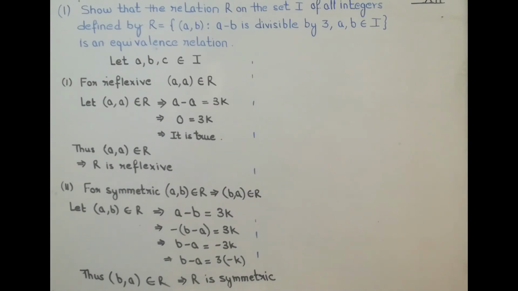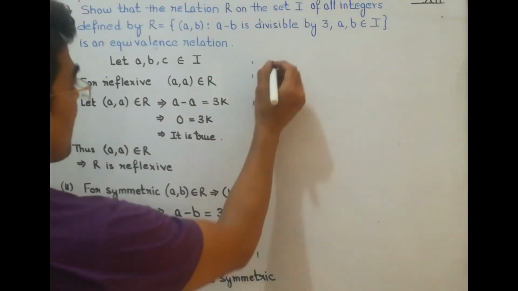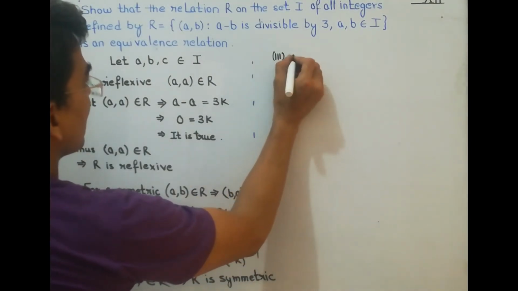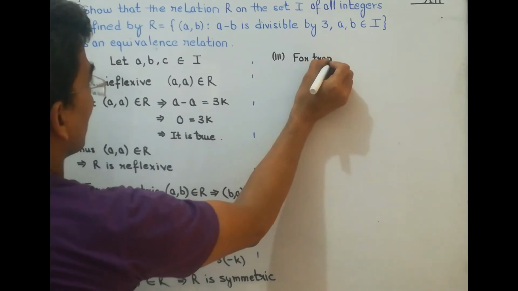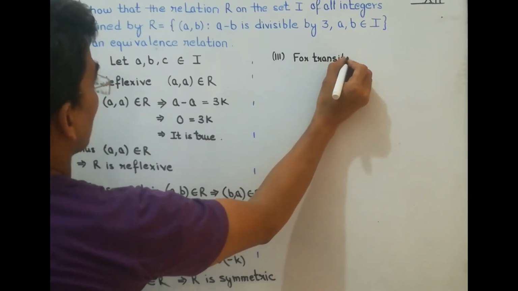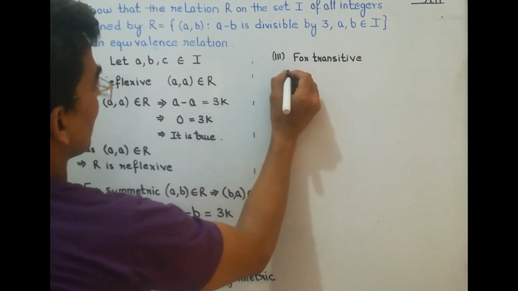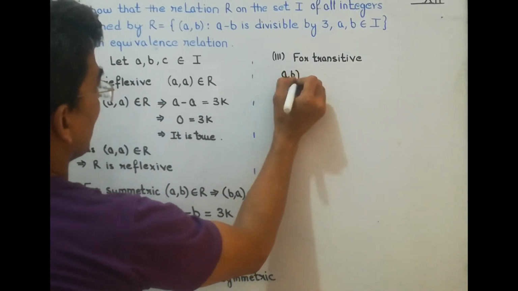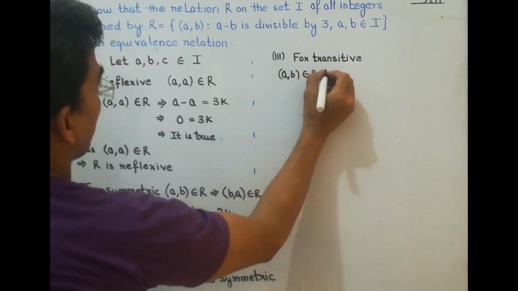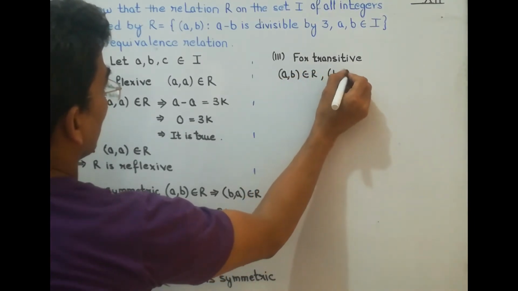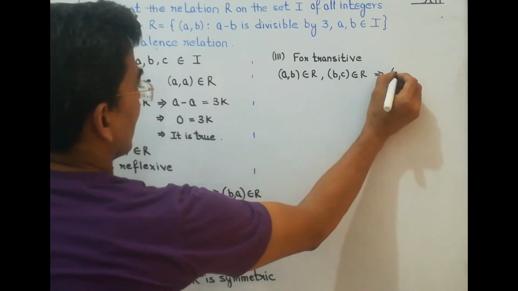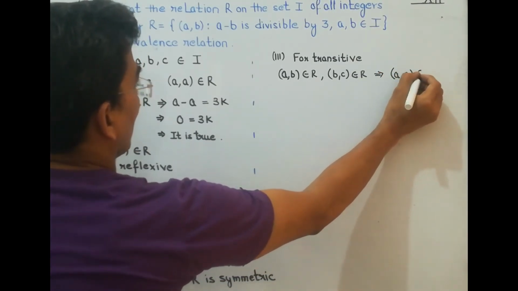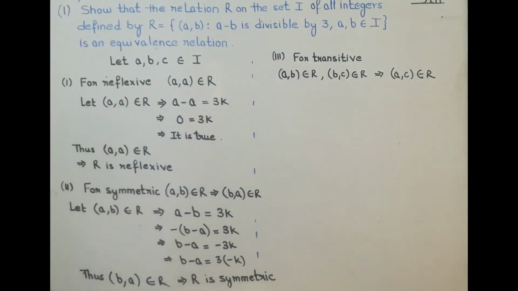Now we need to prove that the relation is transitive. So let us write the definition for transitive. Now this is the definition for transitive.